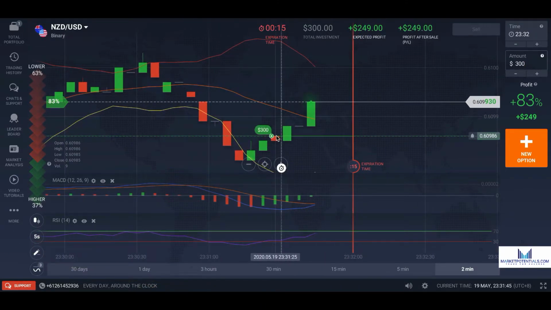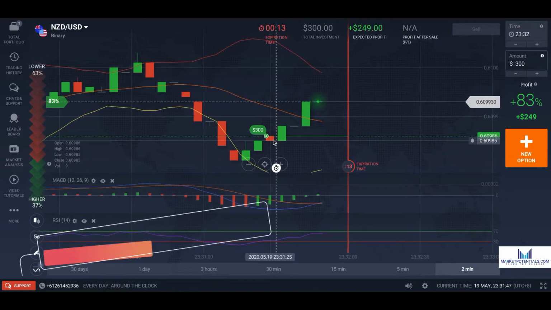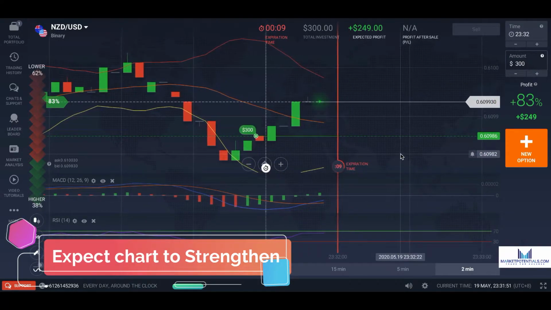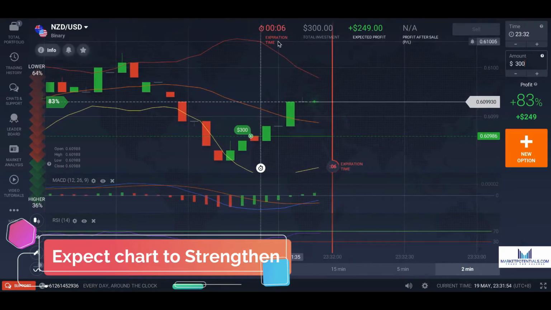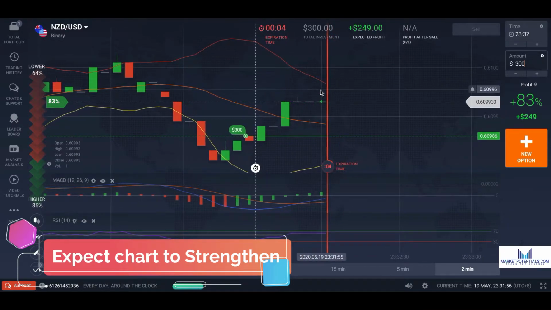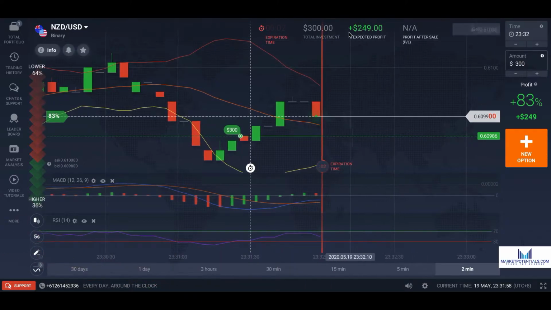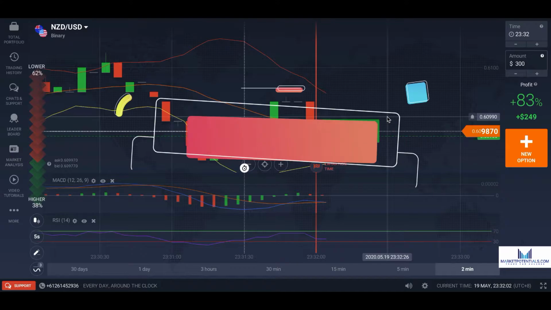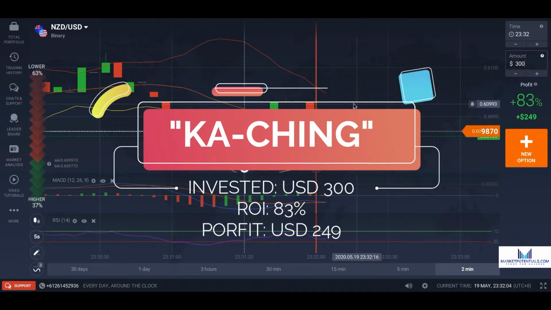I selected higher because I expect the Forex chart to end up being higher, and it truly would. I reckon we've got about 5 seconds left, allowing me to pocket this $249 as we speak.